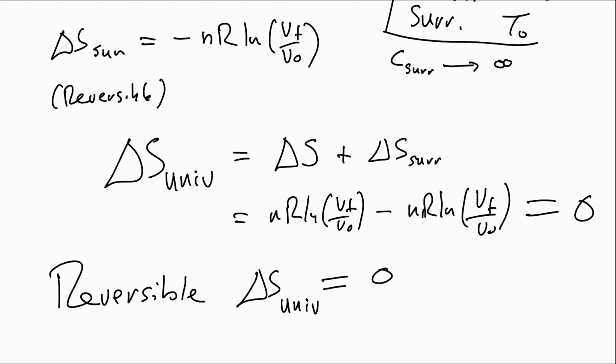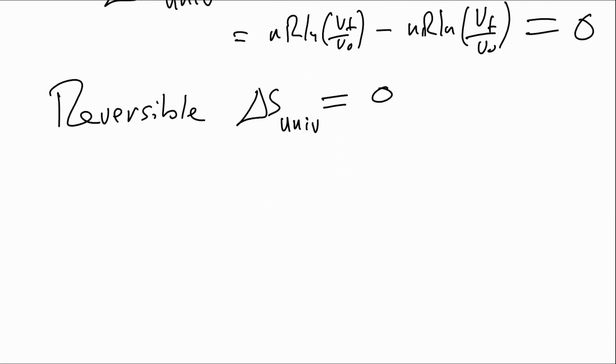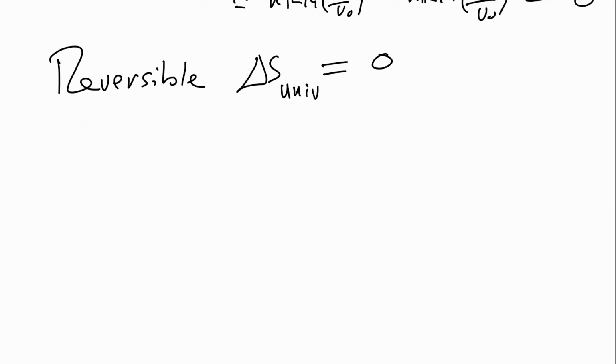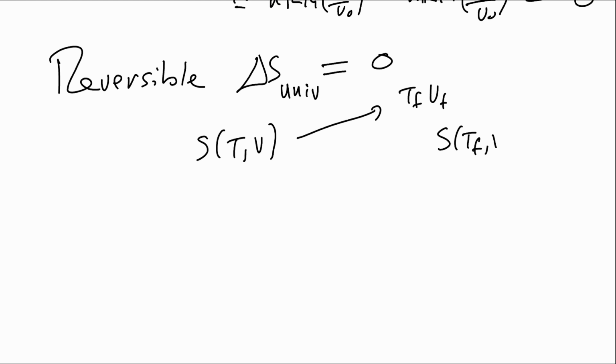Because S is a function of T and V. So S of T final, V final equals S of T naught, V naught for the reversible one. But for the irreversible one, the T final is higher, but we kept the V final the same.